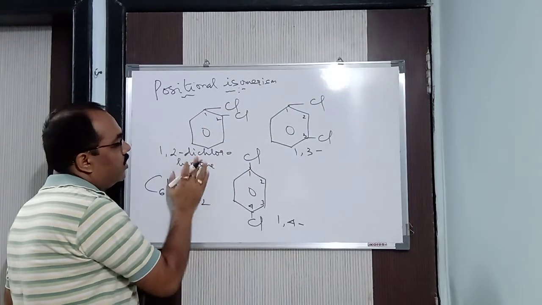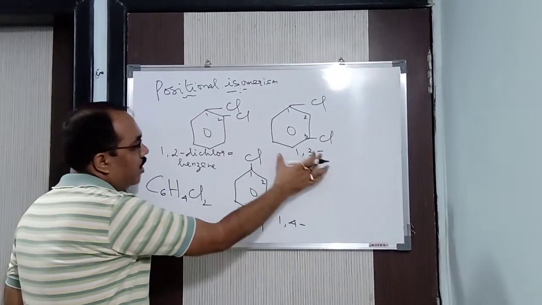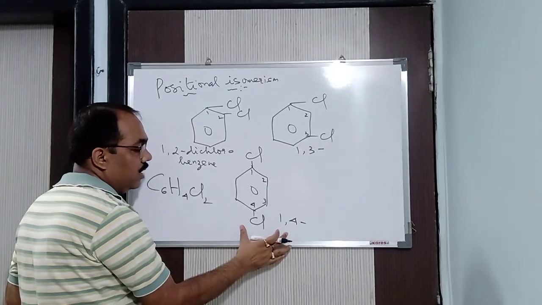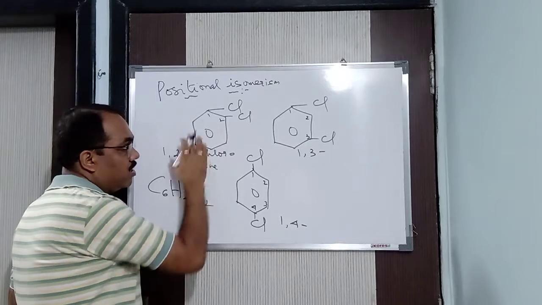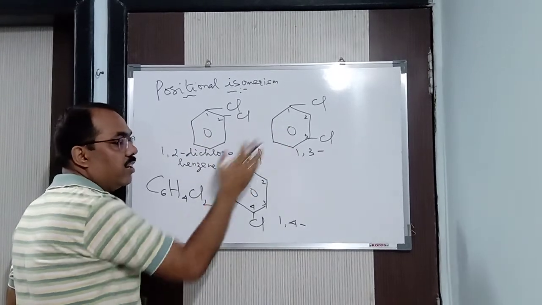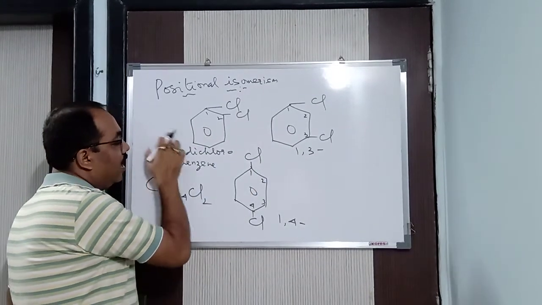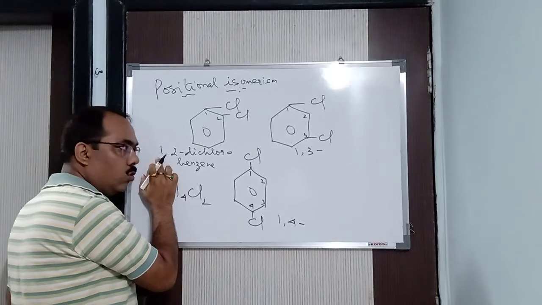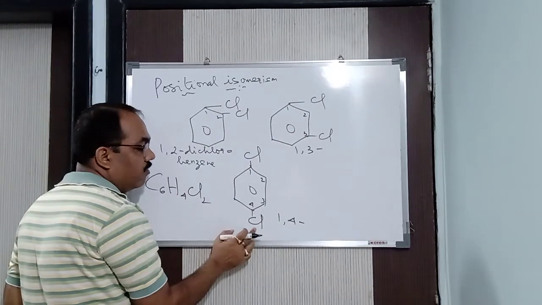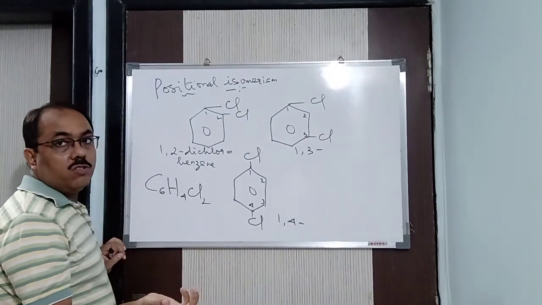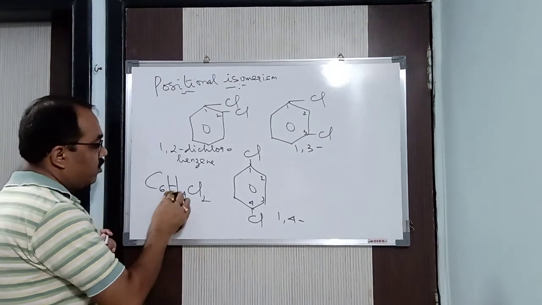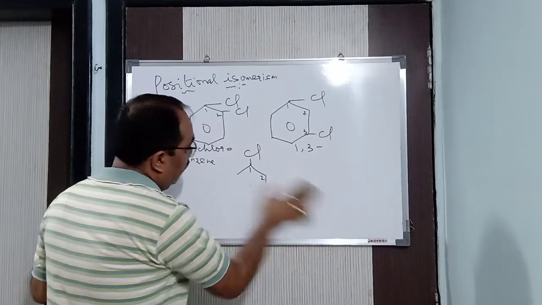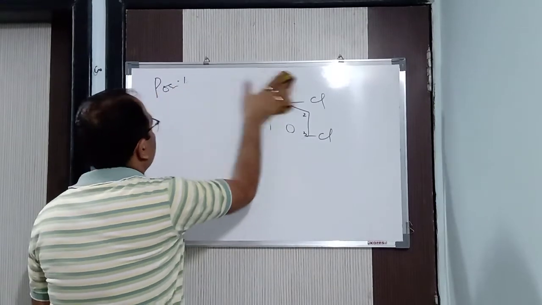So whether it is 1,2-dichloro, 1,3-dichloro or 1,4-dichlorobenzene, all have the same molecular formula, but the structural formula differs on the basis of the different position. You can also say 1,2 as ortho, 1,3 as meta and 1,4 as para. So in this way you can find position isomerism in aromatic compounds also.